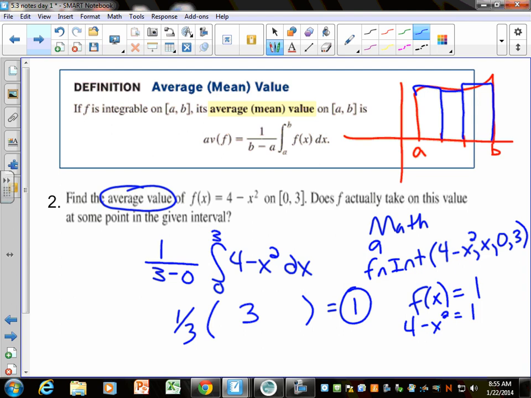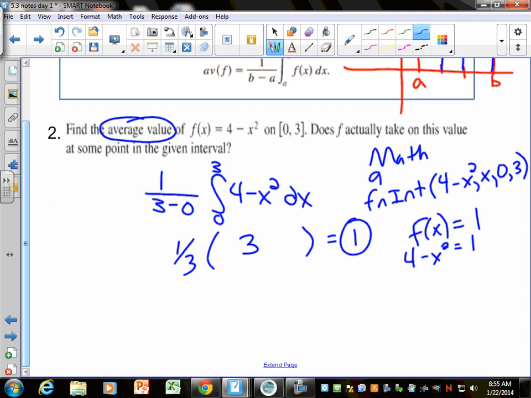Well, we got this negative, right? If I subtract 4, you agree I get negative x squared equals negative 3. So the negatives would cancel out. So I get x equals plus or minus the square root of 3.